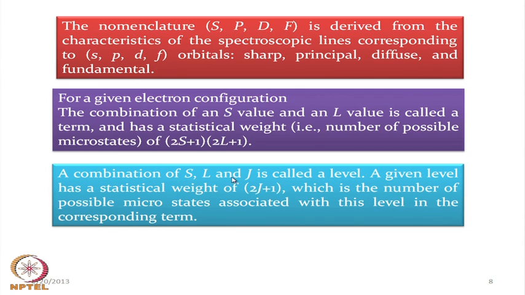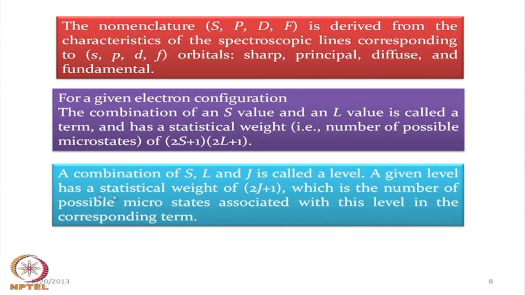So, a combination of S, L and J is called a level. So, what type of combination will we be looking for? When we have the value for S and value for L, we call it a term, but when we label it with the corresponding J value, because J can have different values depending upon one single value for L and S, we get the level.